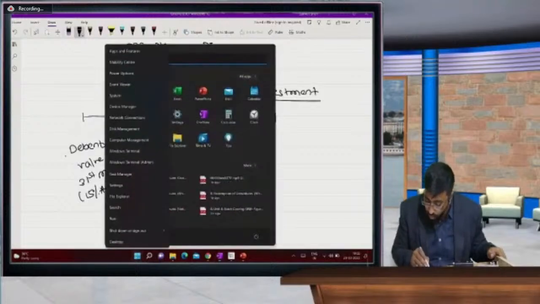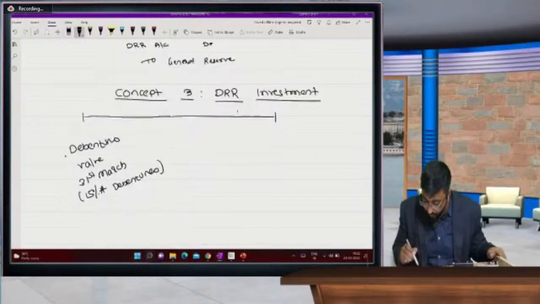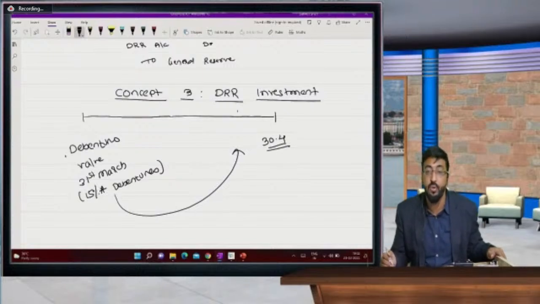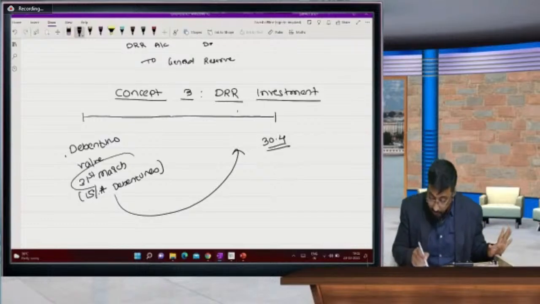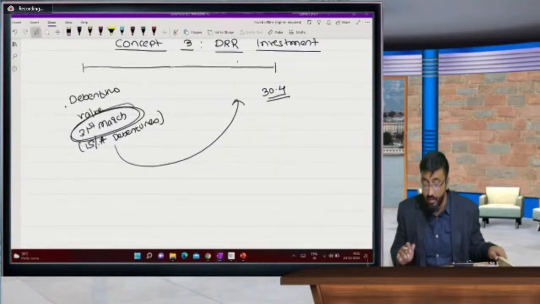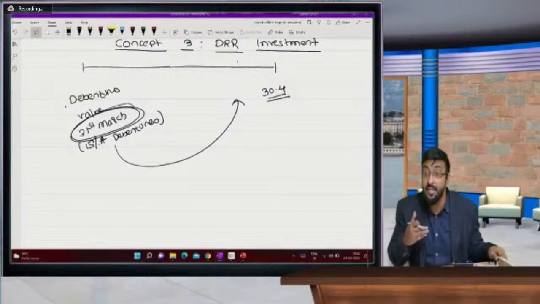You have to invest that amount up to 30th April. Okay, so 1 month you will get excess. 31st March value, you will invest where? That is also in trusted securities. Okay, so simply, investment is not in any security.